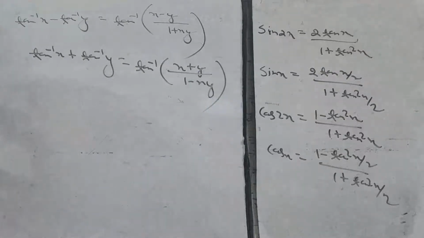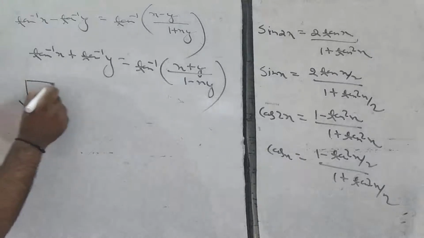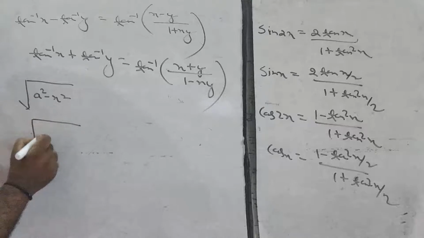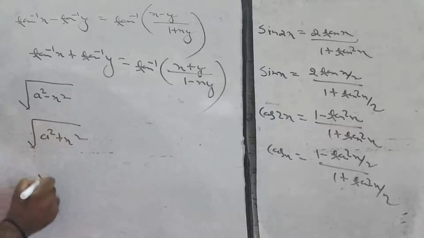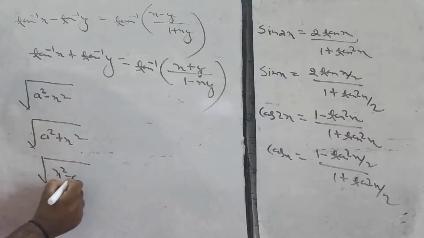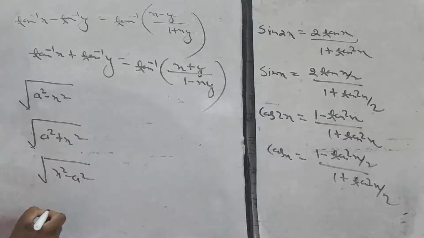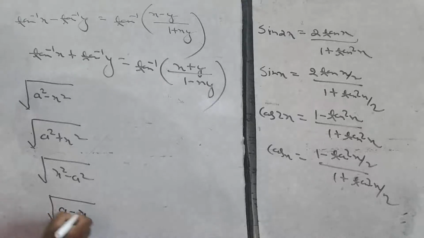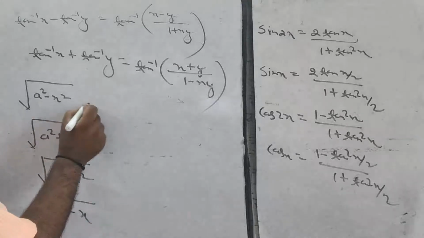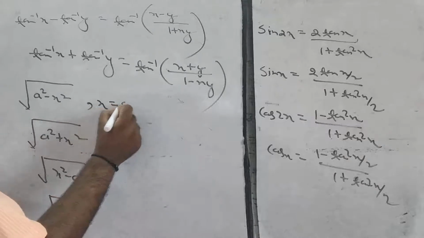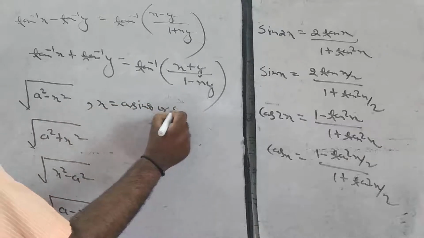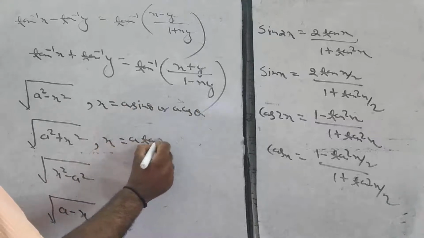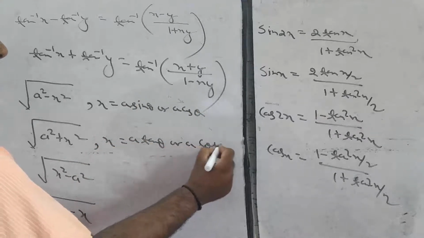Now, if a square minus x square is there, if a square plus x square is there, if x square minus a square is there, or if a minus x is there, then how can you substitute? Here x can be substituted by a sin theta or a cos theta. Here x is substituted by a tan theta or a cot theta.